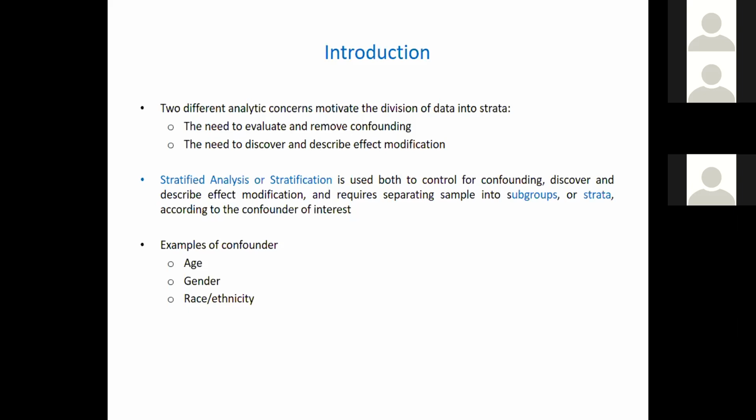So 2 different analytic concerns motivate the division of data into strata. What we're going to be looking at is stratified analysis today, and it just means division of data into strata. For example, you can analyze the relationship between obesity and cardiovascular disease, and ask: is there any statistically significant association?